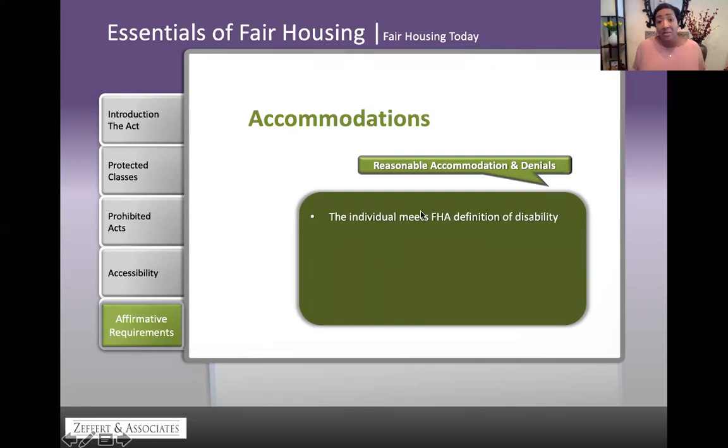When you're not able to meet it, you may want to run that by management, run it by legal counsel to make sure that when you do deny that request, it's denied, but here's what we can do. And then sometimes there just may not be anything that you can do because the request is unreasonable. But you want to make sure that it is well documented, okay? Because that covers your butt.